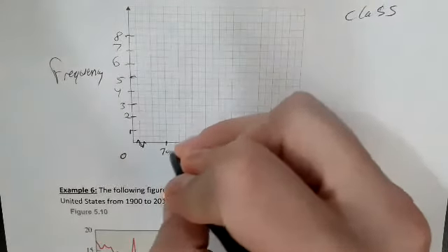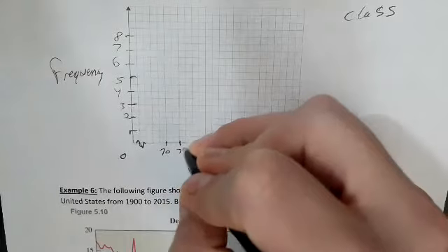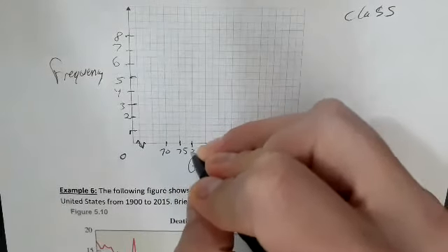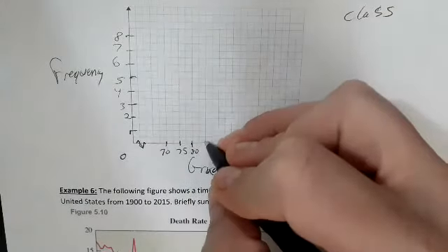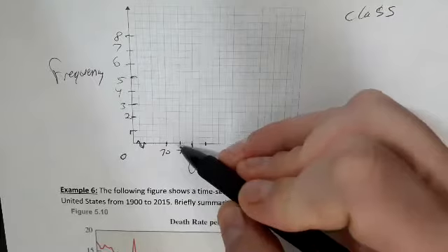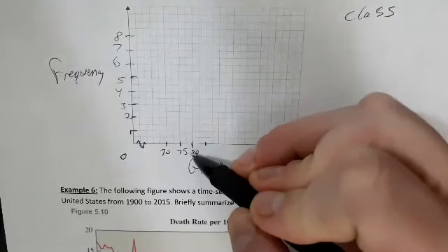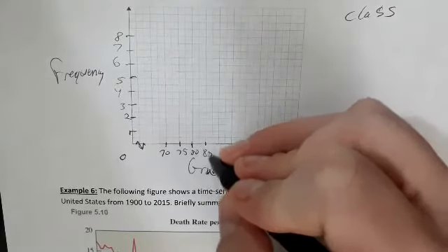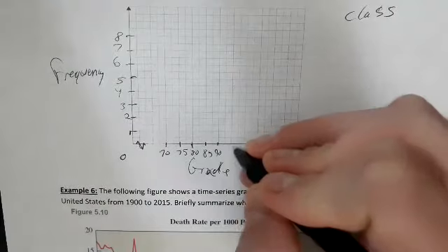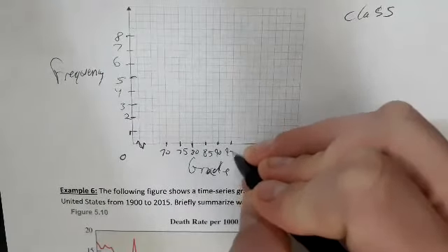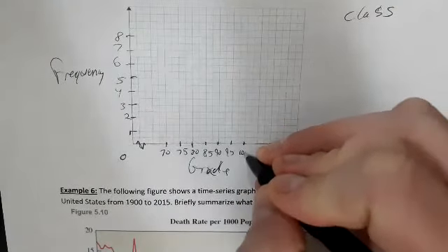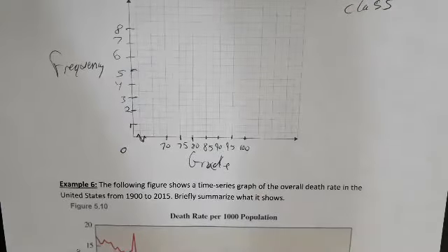So now I want to go from 70 to 75, from 75 to 80. So if every two is going to be worth 5 points, it goes 70, 75, 80, 85, 90 here, 95 here, and then the topmost grade I can get is 100.